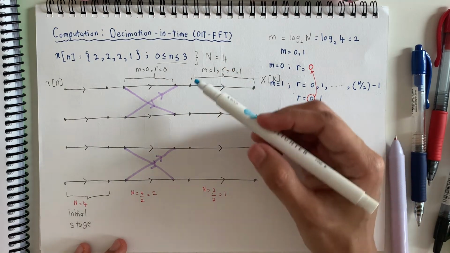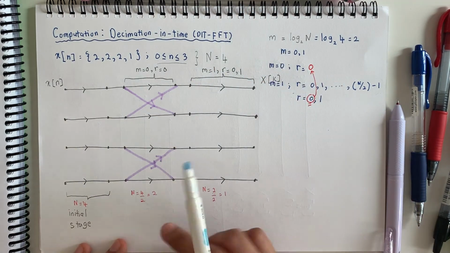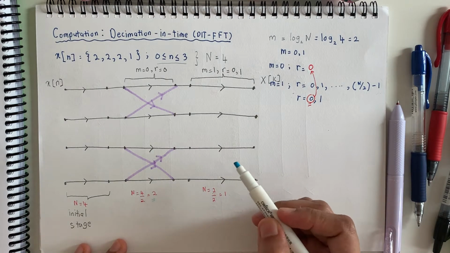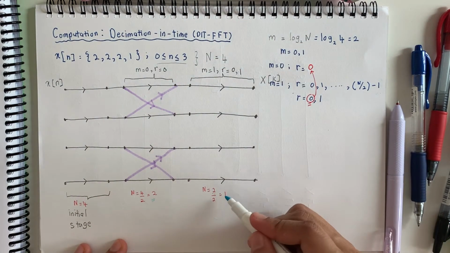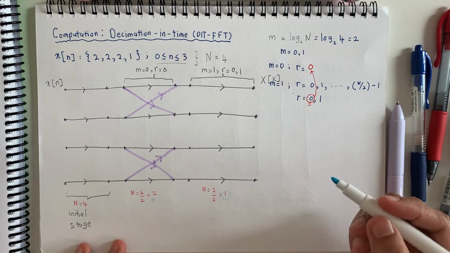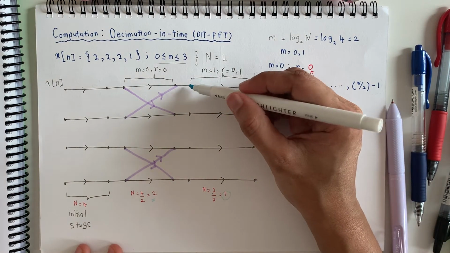Okay, next we connect. Now we have 2 groups, and we want to form one big group from them.